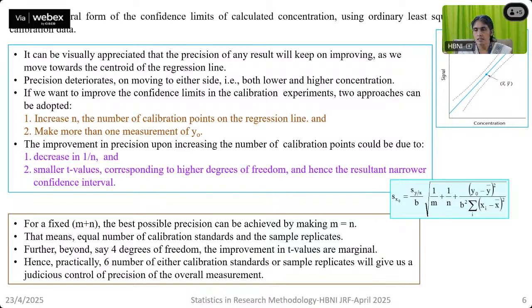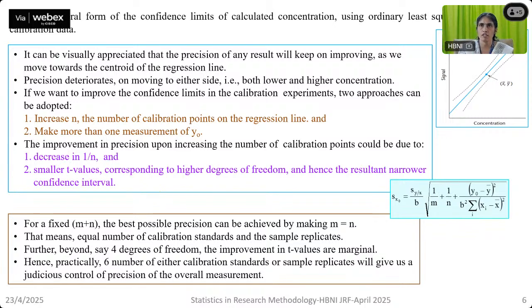The figure on the right side of this slide shows the typical general nature of the calibration curve. The blue line shows the fitted line, and the dotted lines on either side of the blue line show the confidence intervals of the calibration curve, derived from the intercept as well as slope and their associated uncertainties, applying the equation: that particular parameter plus or minus t s for that parameter.